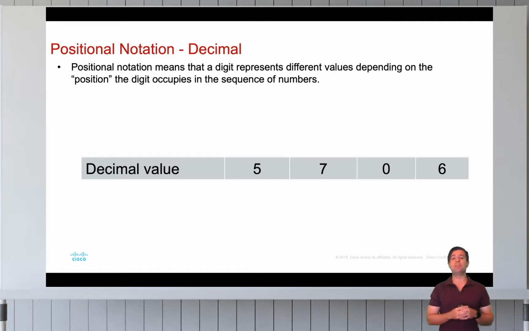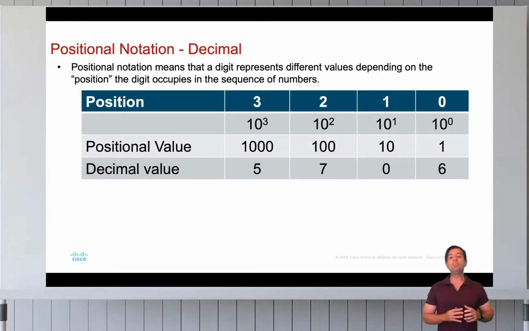This is a decimal number, 5,706. In primary school, you are usually taught that you have the ones column, the tens column, the hundreds column, the thousands column, etc. That column structure actually refers to the positionality of the various digits.